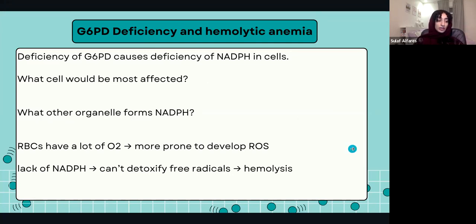So I didn't tell you guys this then, but basically, there is another organelle that can create NADPH. However, in red blood cells, we don't have that organelle, and we can only create NADPH through the pentose phosphate pathway. Can you guys guess, or do you know which other organelle forms NADPH?